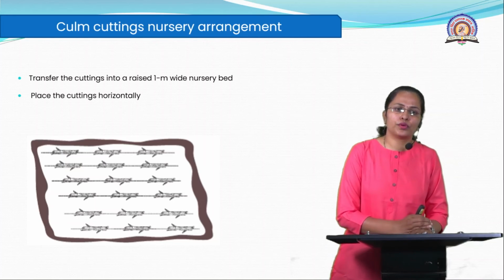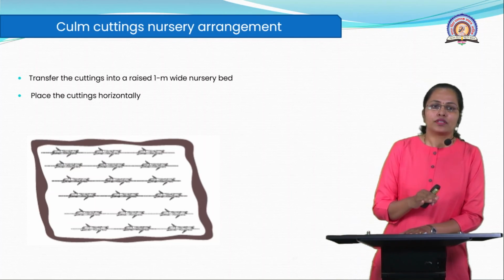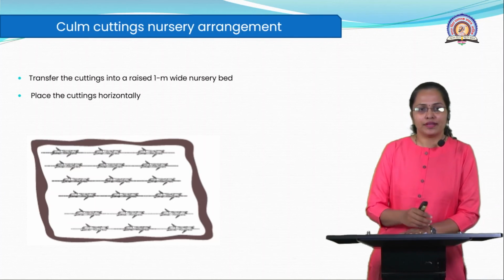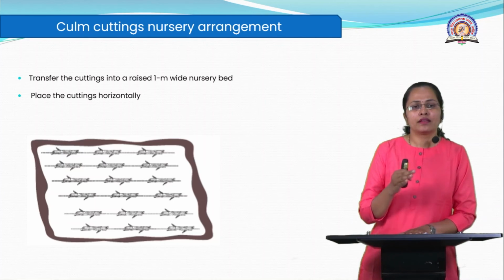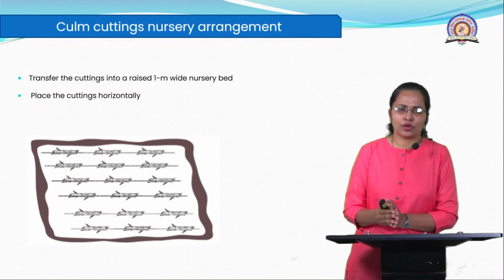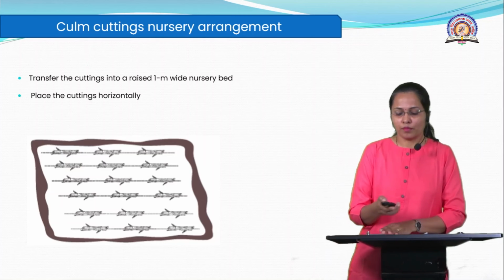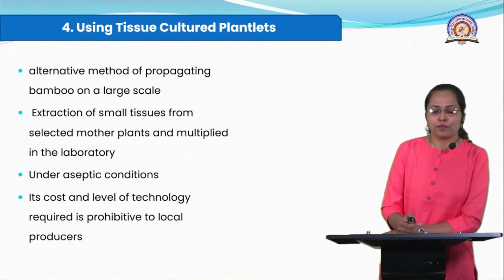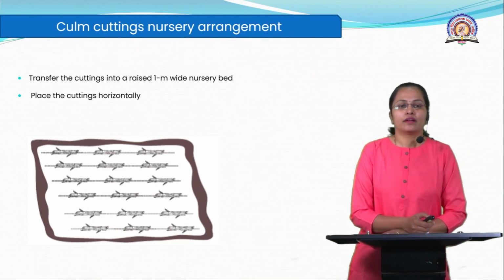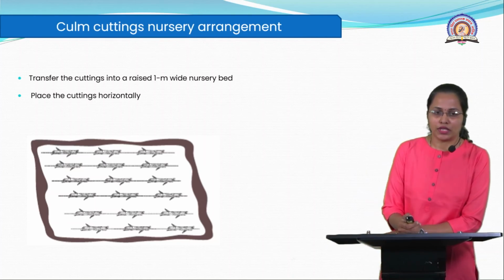So we are going to place these cuttings on the nursery bed, which is generally 1 meter wide, separately and by keeping a certain distance, and we have to wait for 3 to 4 months. Within these 2 to 3 months, we are going to get a good number of plantlets from these same cuttings.